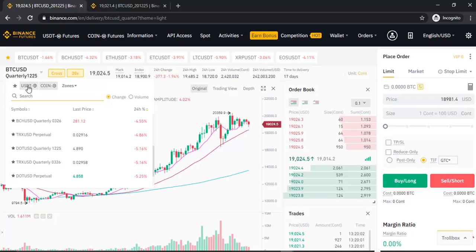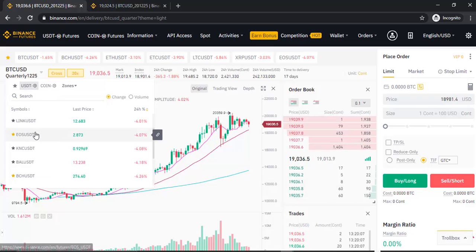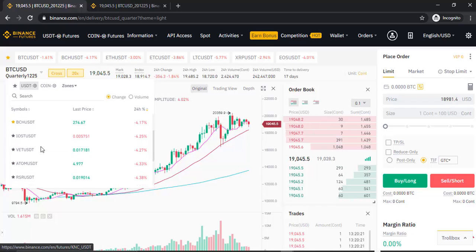So if you check the USDT margin futures, let's check the USDT, and as you can see, the USDT has coins in pairs with USDT. Okay, as you can see, this is ETH USDT, and all of them are listed here. These are the pairs you can trade with USDT.